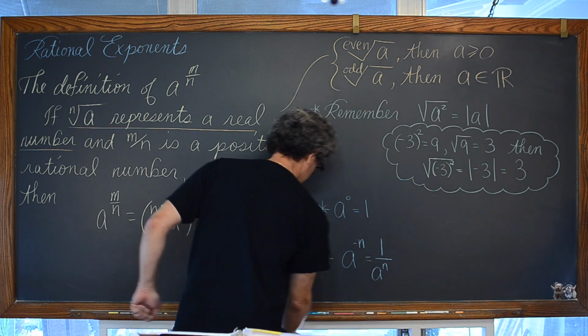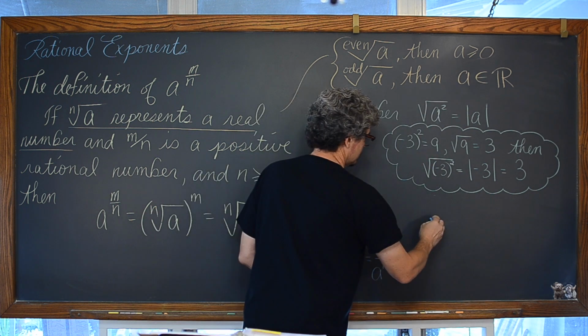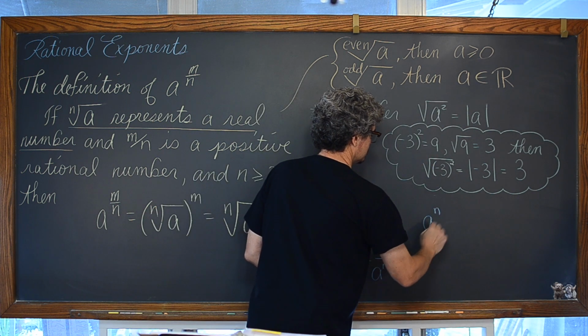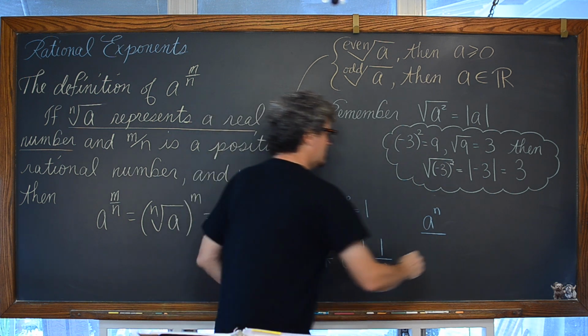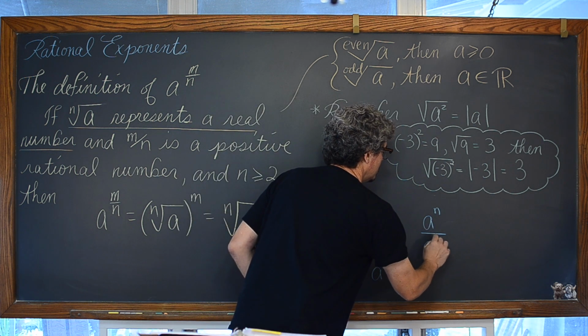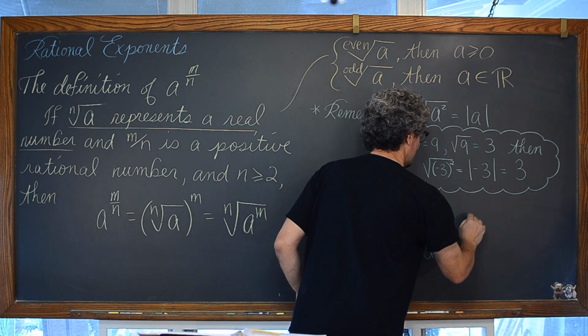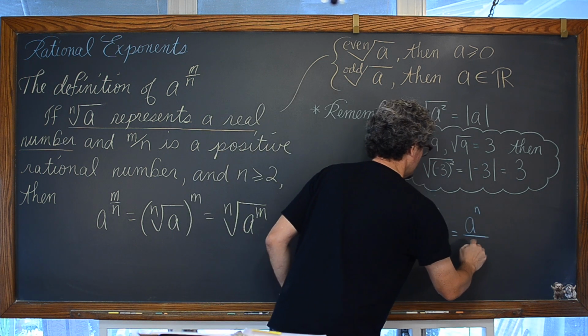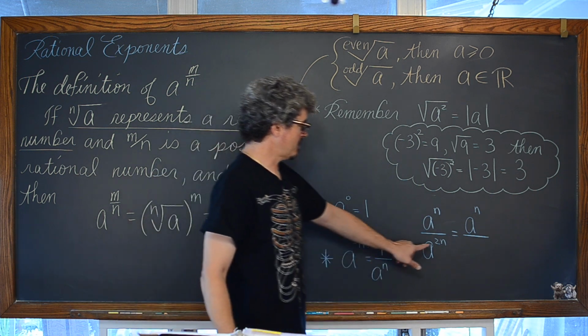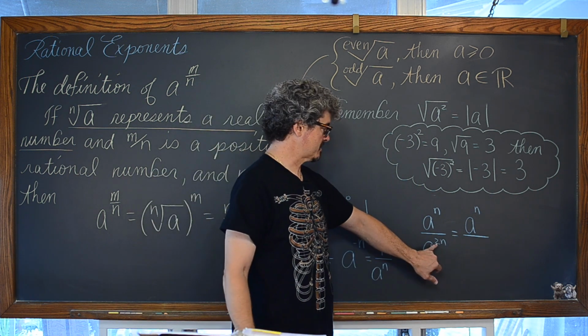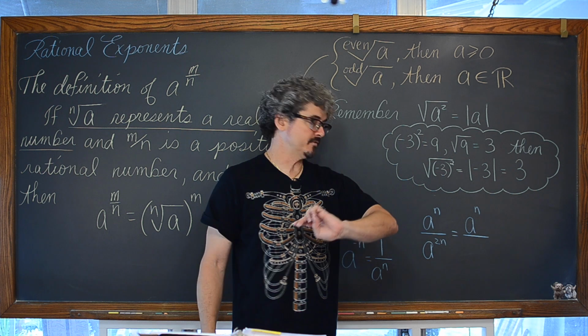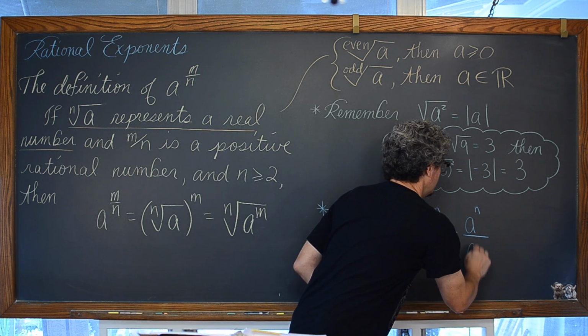You can do a little example here. Take a to the n power over a to the 2n power, which, by the way, is the same as a to the n squared. We're going to do a little review of properties of exponents. When are you allowed to multiply exponents, like this exponent of 2 times the exponent of n?